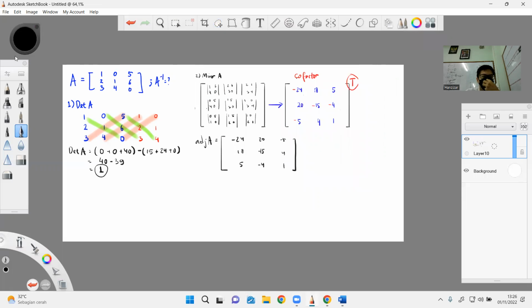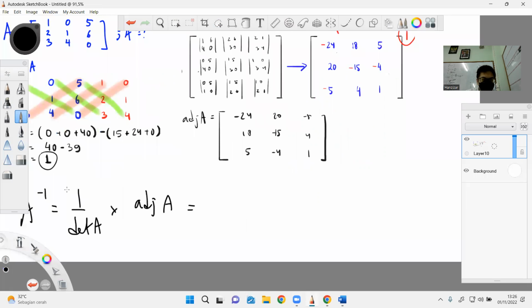See? So the formula of the inverse of matrix A is 1 over determinant of A, you multiply by the adjoint of A. So 1 over 1, right? So this is the determinant.